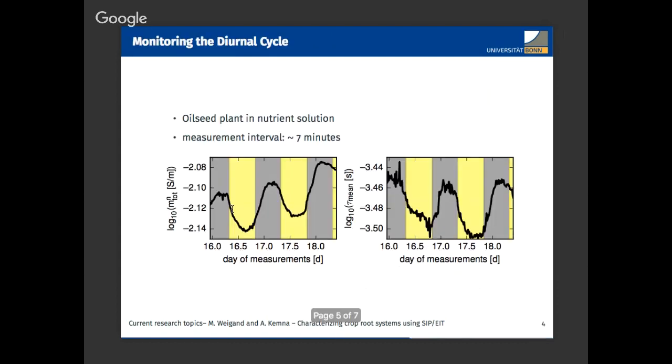In addition, we also did really fast spectral measurements on root systems, and we were able to observe changes in the polarization signatures over the diurnal cycle.